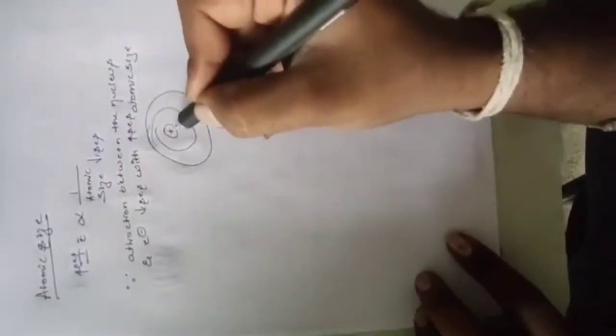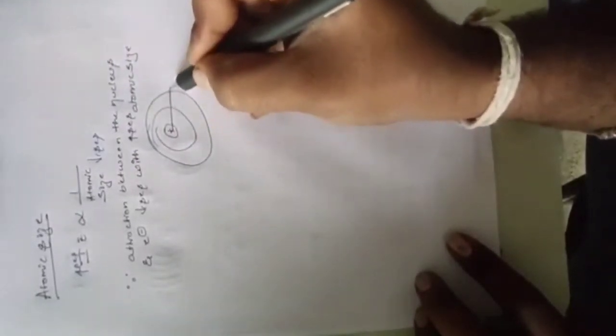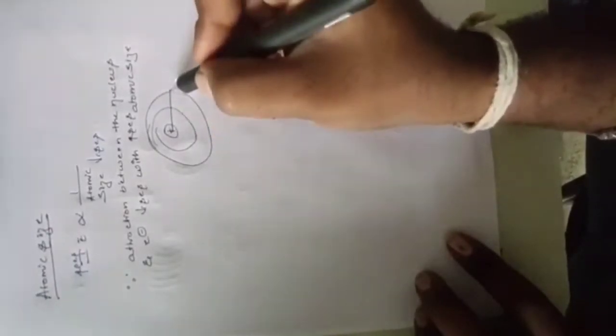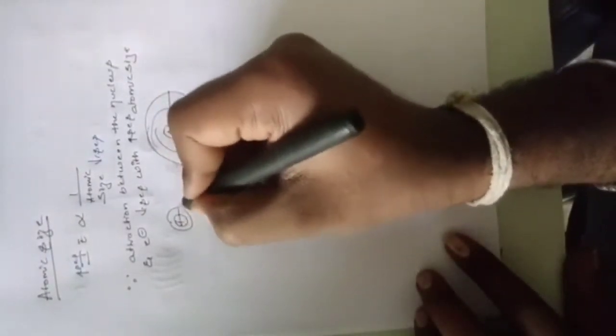Correct? If atomic size is increasing, the distance increases, so the attraction between the nucleus and the electrons decreases. If atomic size is smaller, then the attraction will be more. Okay, second, we talk about atomic size.